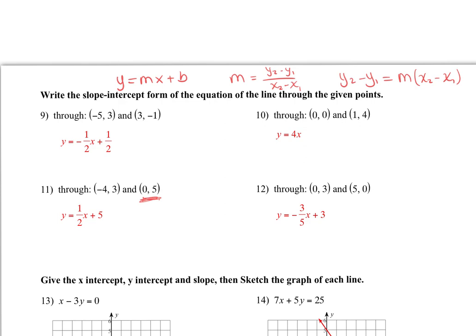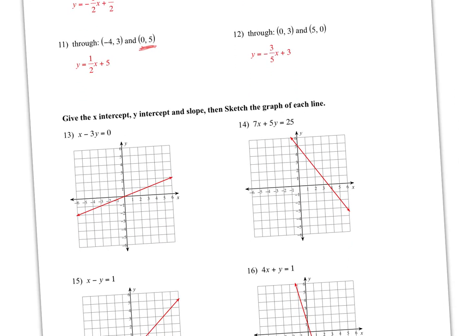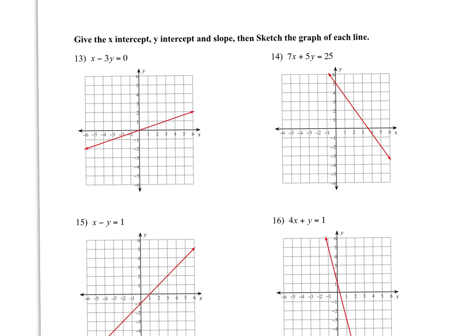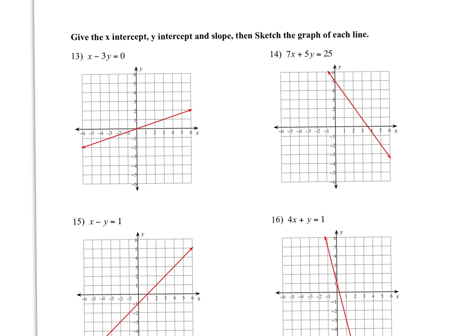The other thing we did with linear is we graphed them. So find the x and y-intercept and the slope and sketch the graph. Remember, this is in standard form, A, B, and C, right? So your x-intercept is going to be your constant divided by your x coefficient.